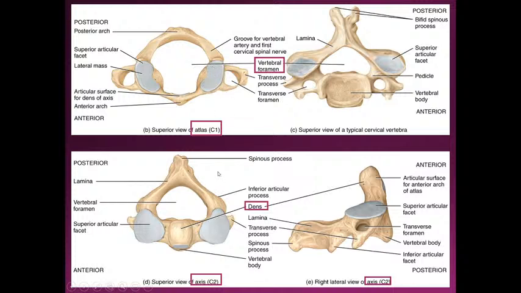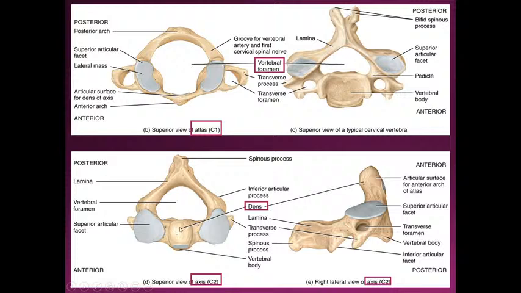I'll pull up the webcam. Down here we have C2, which is the axis. Axis is the name of C2. Its superior articulating facets articulate with the inferior articulating facets of C1, and those actually aren't pictured here, but they are on the bottom side of C1, and they will articulate with the superior articulating facets of C2, the axis.